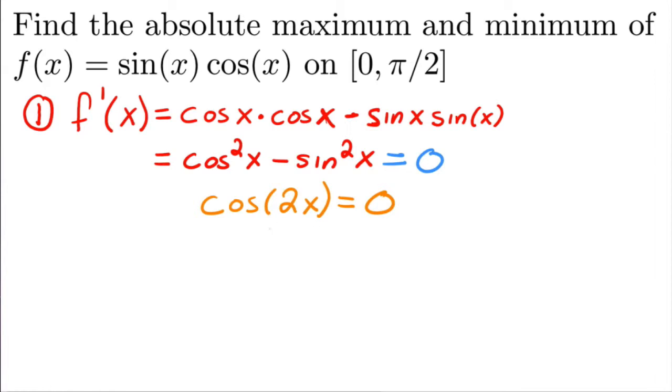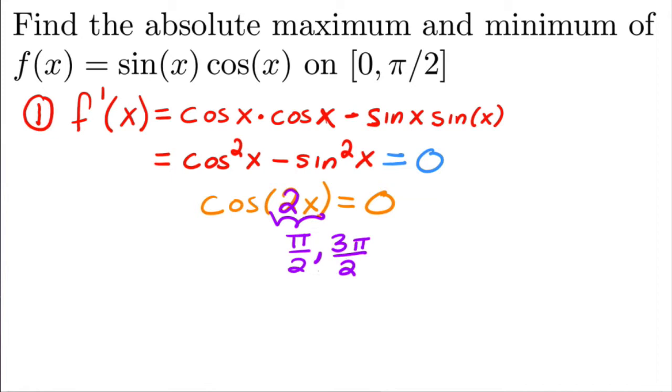Now, we know that for cosine to equal 0, it has to equal pi over 2. And since it's 2 times x, I'm going to keep going, even though my interval goes only up to pi over 2, I'm going to go past it to the next value. Because remember that this 2 here makes cosine go twice as fast. So I might be able to catch that one.